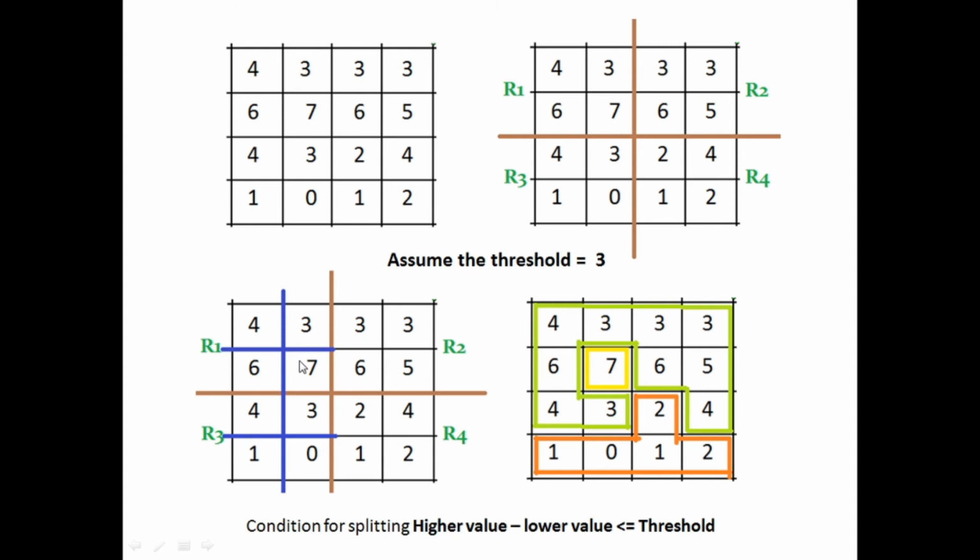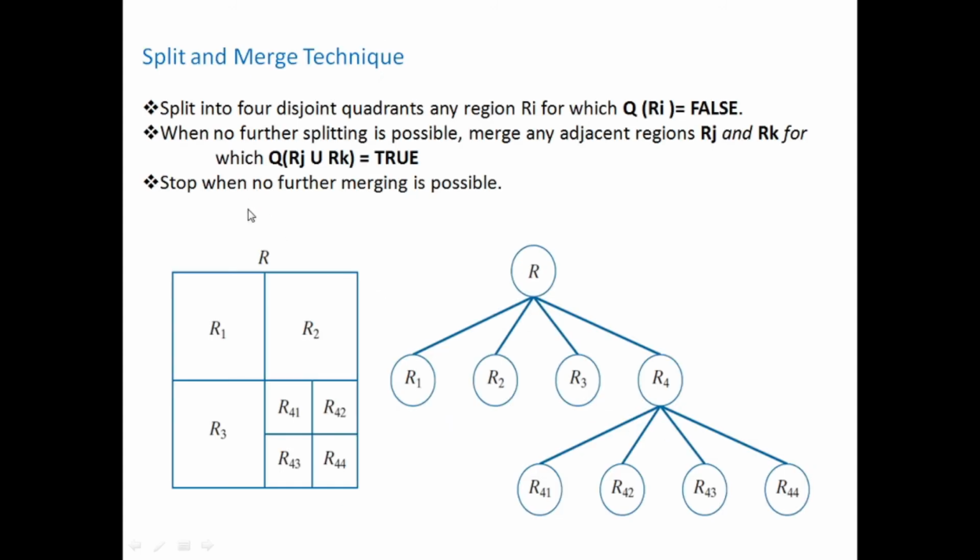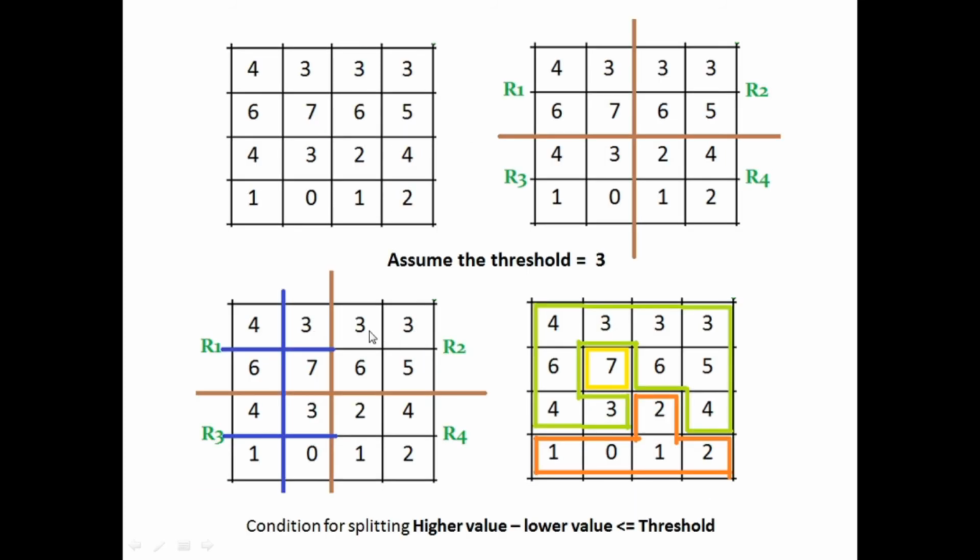Coming to the merging technique, here we merge any adjacent regions where Q, that is the predicate, is true. There is also a condition, that is the maximum pixel value of one region.